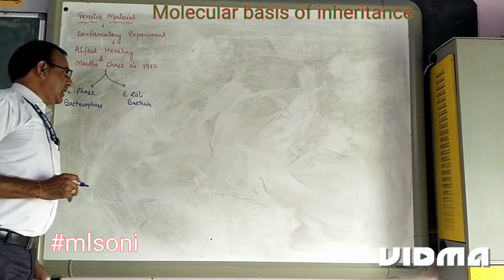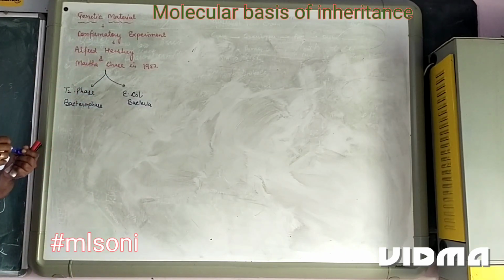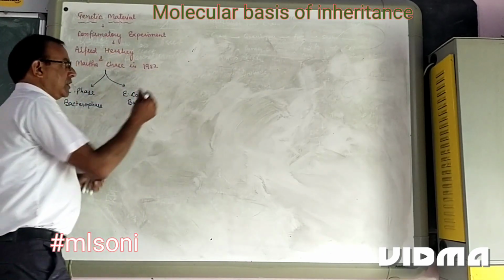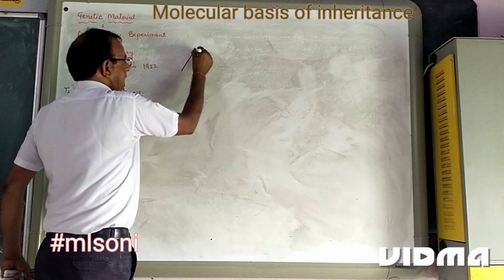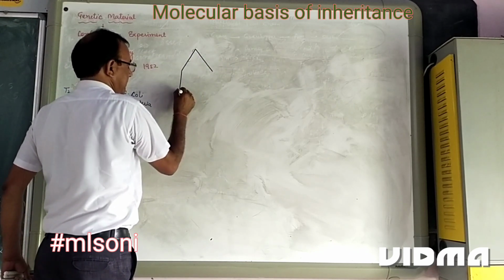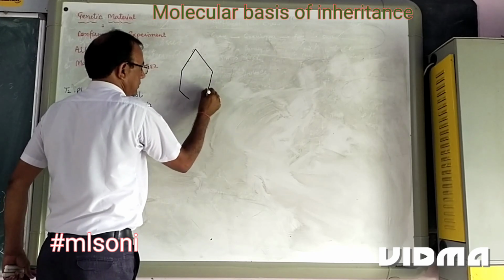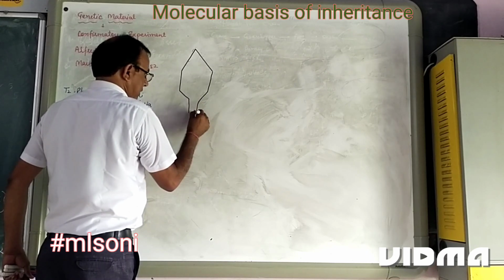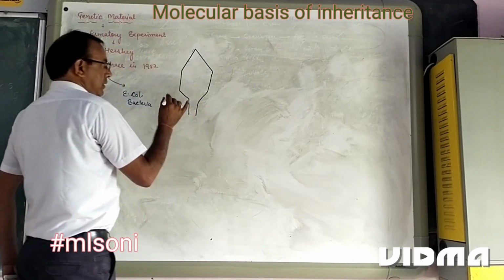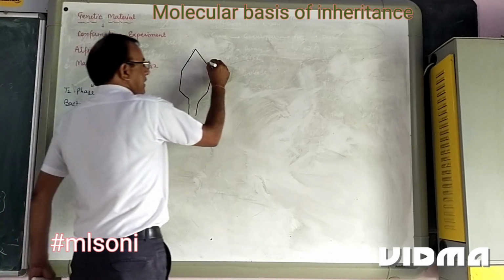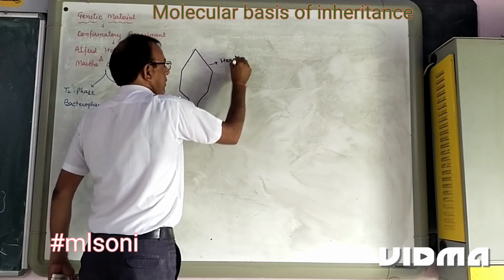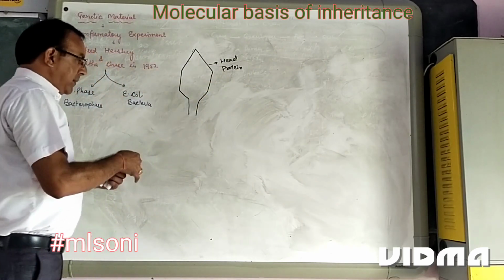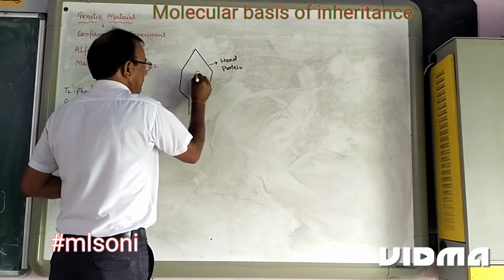We have already discussed the structure of T2 phage in the +1 class, but to demonstrate it again: a T2 phage has a polyhedral head and a middle piece. The head contains protein and the genetic material DNA.